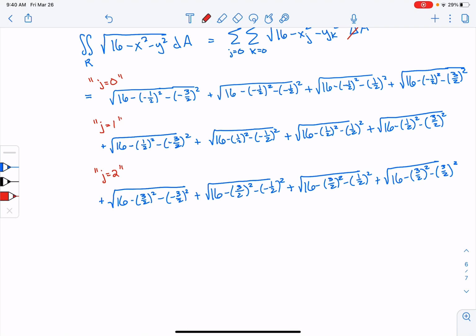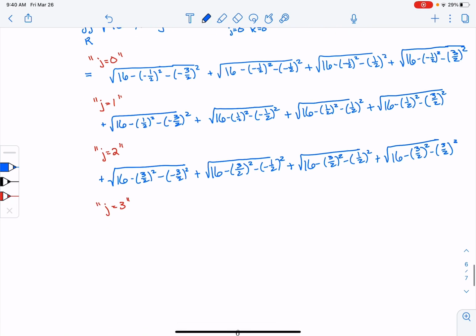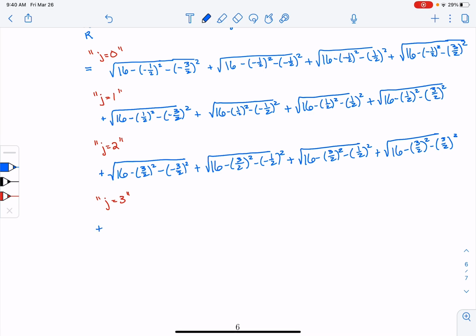And then finally, we're going to do the last, j equals 3, so that my x's are all going to be 5/2, so 16 minus 5/2 squared. And then my y sub k's are going to run from negative 3/2 up to 3/2.